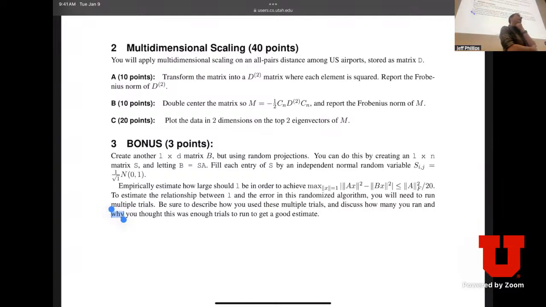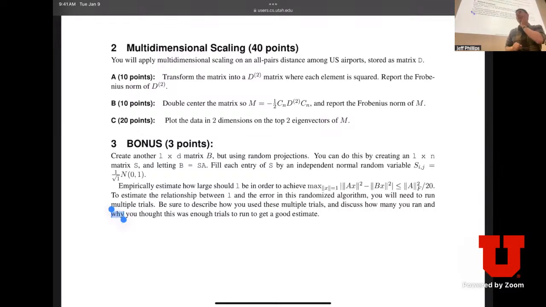So if you want something more challenging, let me know. I think I see how to ask a more interesting question that would take you a little bit longer. I'm happy to change the homework, or we can leave it as is. So who'd like to see a little bit harder homework? Okay, just a few votes.